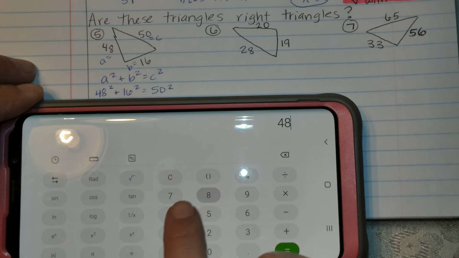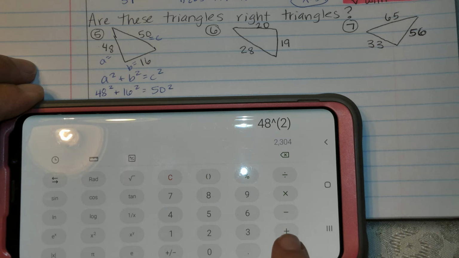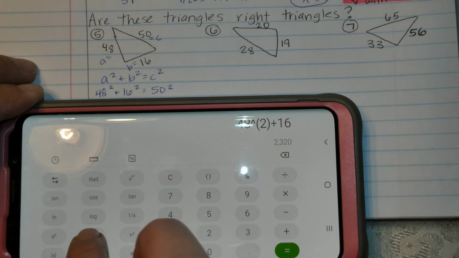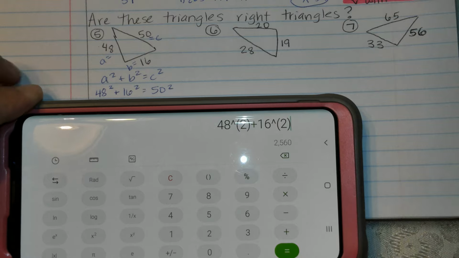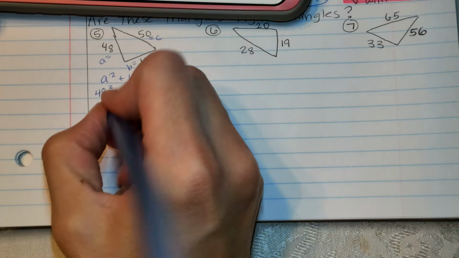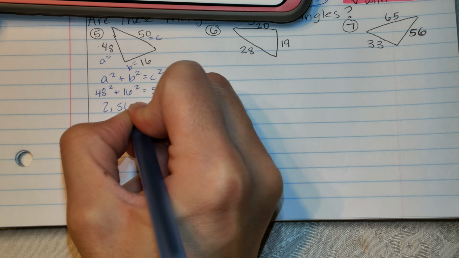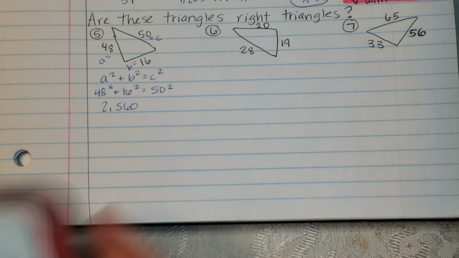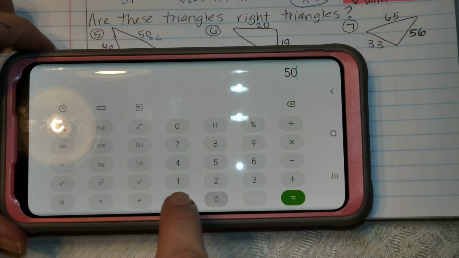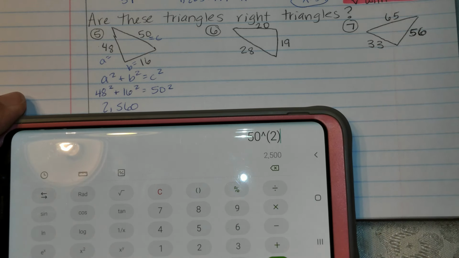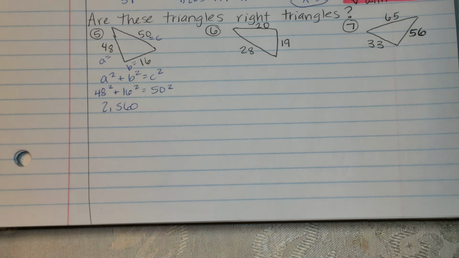So I'm going to do 48 squared plus 16 squared. Make sure you're writing the right things. And that comes out to 2,560. And then I just have to see, what is 50 squared? Okay, so 50 squared is 2,500.